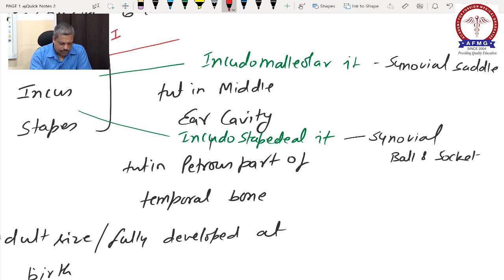At the malleus bone, here is the insertion of tensor tympani muscle. Tensor tympani muscle is inserted at the handle of malleus. At the neck of stapes, here is the insertion of stapedius muscle.